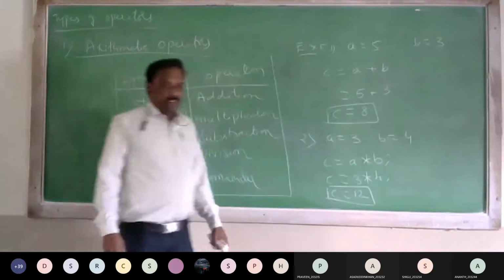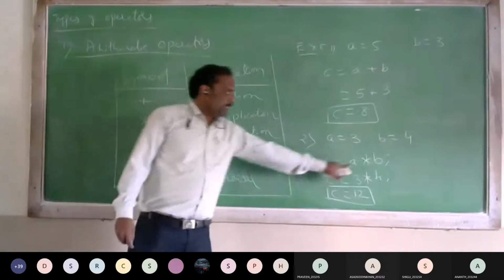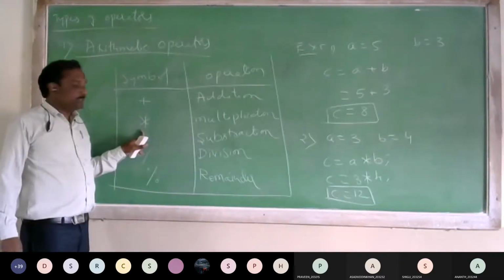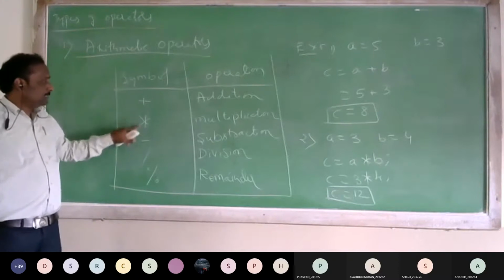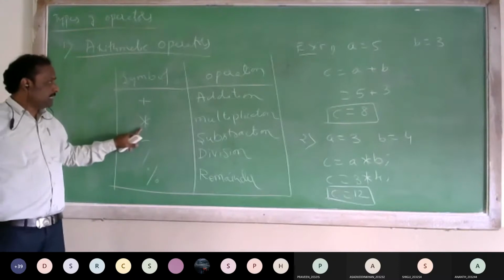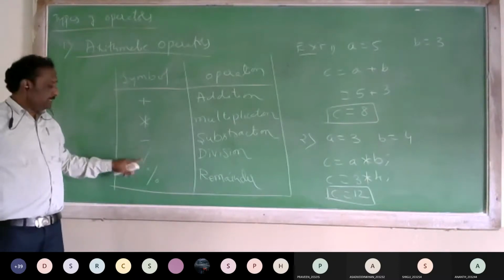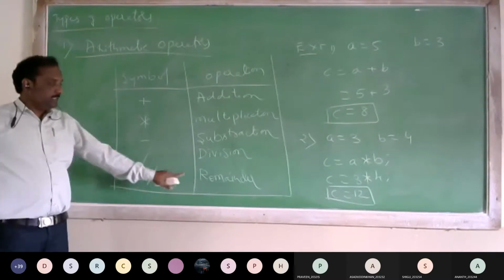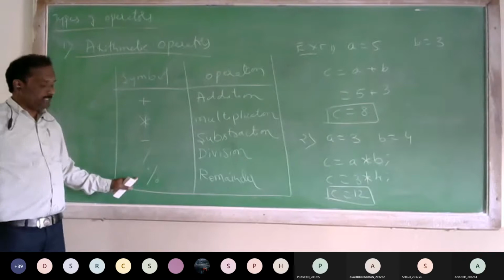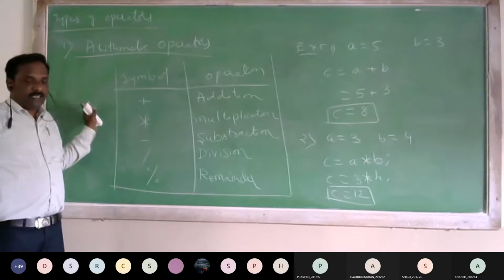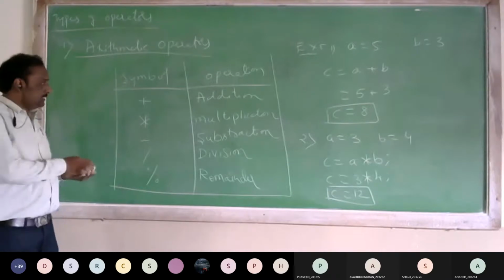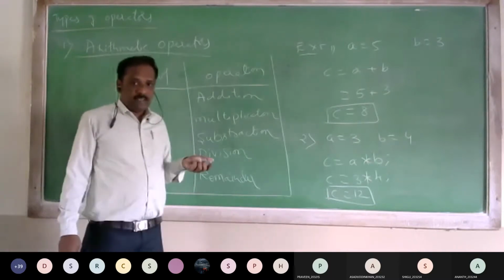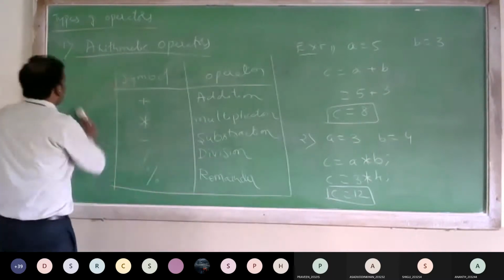It is stored in C. So the star operator is used for multiplying two numbers. So these are the arithmetic operators: plus, addition; star, multiplication; minus, subtraction; slash, division; and percentage, the remainder. We have already seen these operators while writing algorithms and flowcharts. Anybody having any doubt? No, sir.